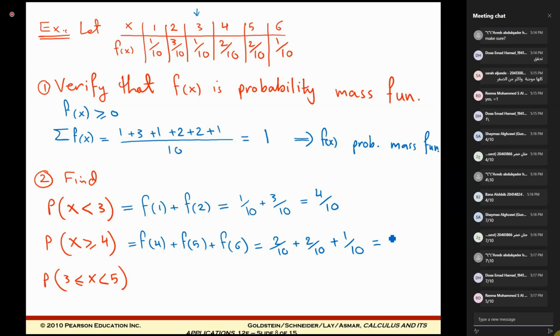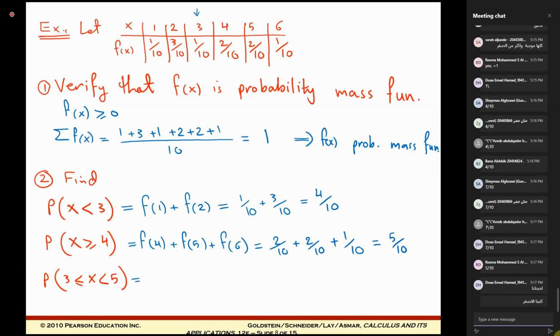Okay. Now, why 7 over 10? Many wrote 7. No, you added 1, 2 and 3. It is x greater than or equal to 4, not less than or equal.